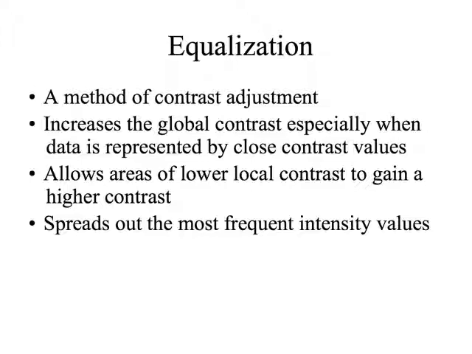It's going to go across the entire image, and we can manually equalize the image. So it increases the global contrast, especially when the data is represented by very close contrast values, right? So I have this pixel here that's about a 1, and this pixel here that's about a 1, right? The attenuation values are very close. Equalization is going to bring them that much more in alignment.